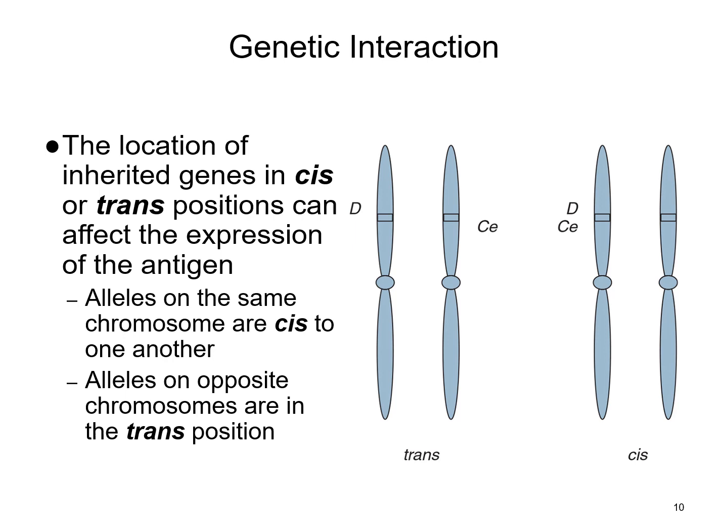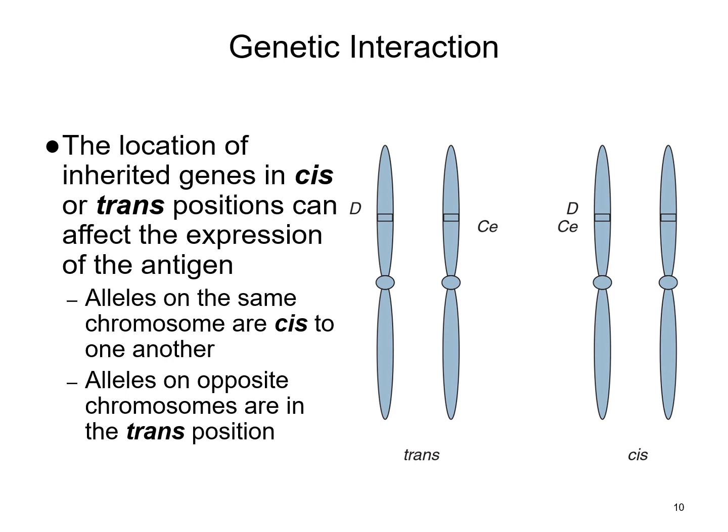For example, the CE and the D genes of the Rh blood group system are inherited at different genetic loci. The CE gene encodes the big C and the little e antigens, and the D gene encodes the D antigen. When the CE is inherited in trans to D, it weakens the D antigen expression on that particular red cell.